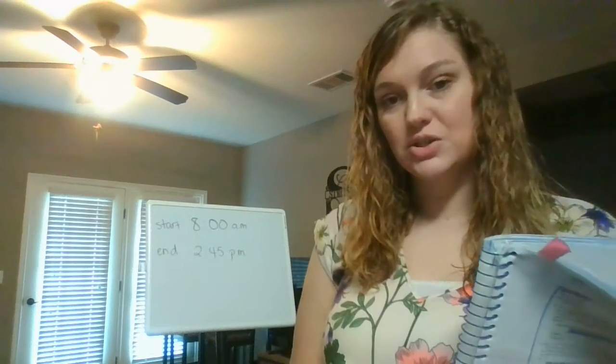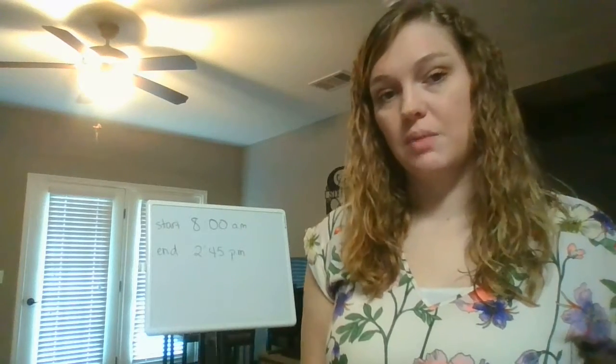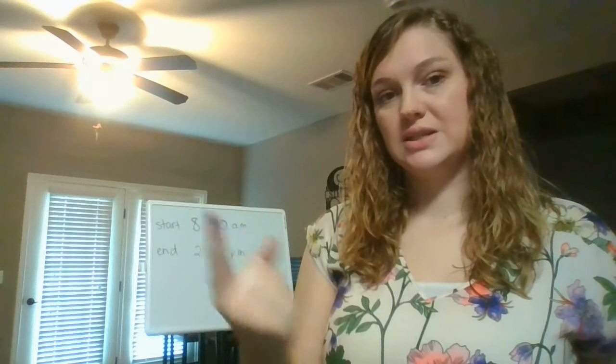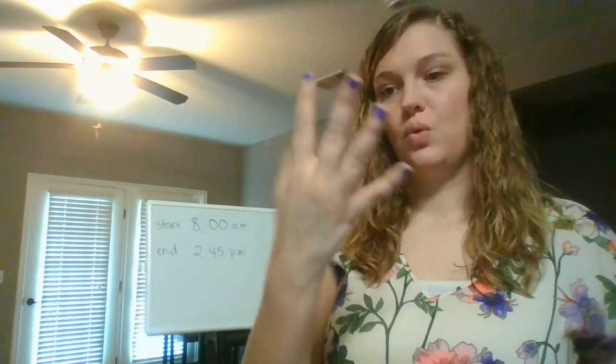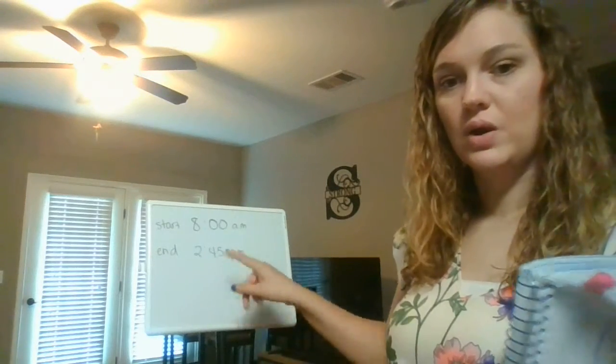So 8 a.m. to 2:45 p.m. Well, you don't even need a clock. You could use a clock, but you don't really need one. You can just think, well, 8 to 9 is 1 hour, to 10, 2, then to 11, 12, 1, 2. That's 6 hours. And then 45 minutes. So her school day is 6 hours and 45 minutes.